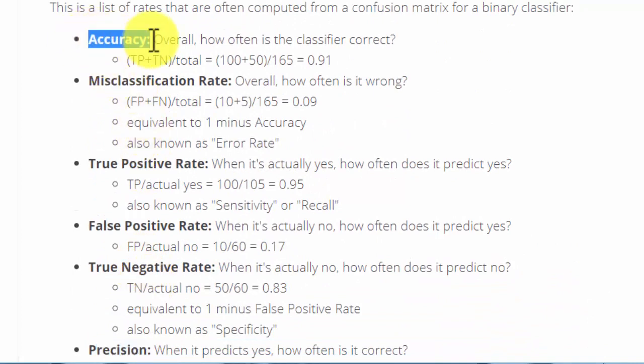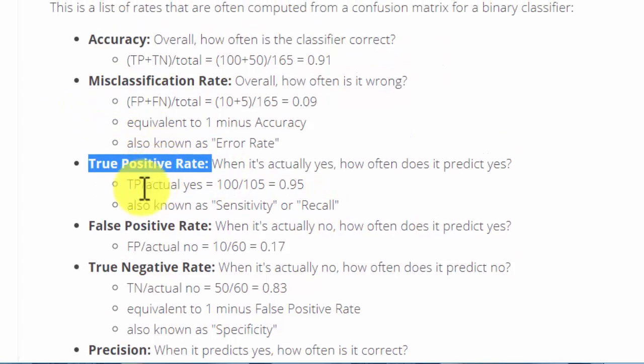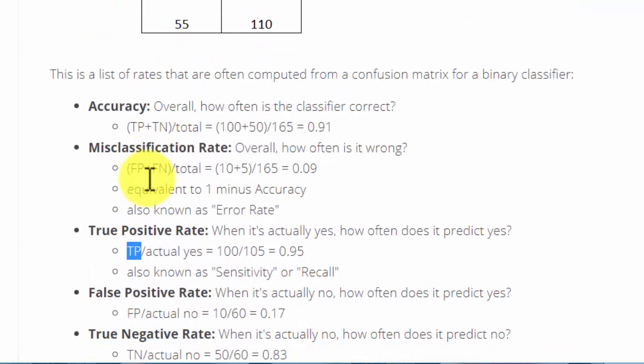There's accuracy is the one that's kind of like the most well known, where it's like all your trues divided by your totals. But there's also something called recall, and here we're saying that recall is the same as the true positive rate, which is really the true positive divided by all your positives.